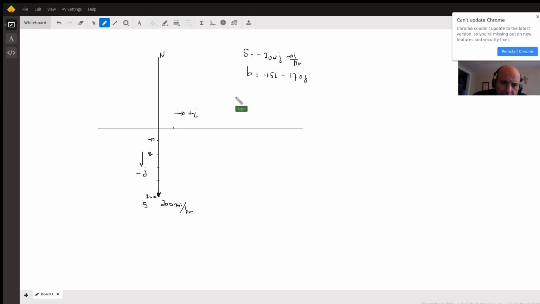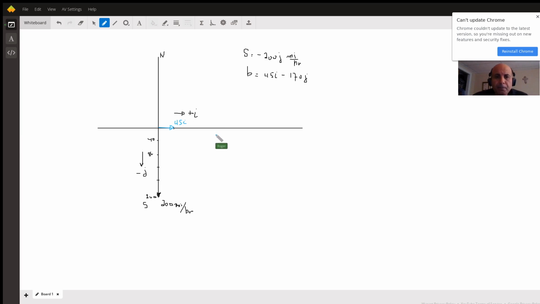The i component of the b vector I'm going to draw in blue. It has a magnitude of positive 45, so I'm going to write here 45i.